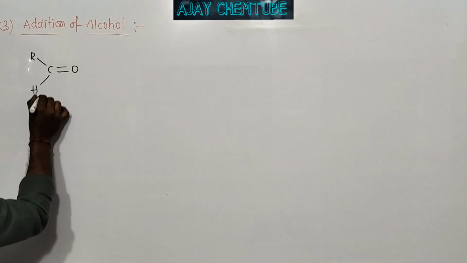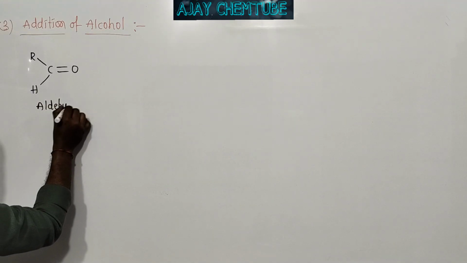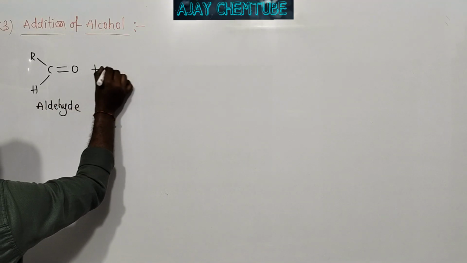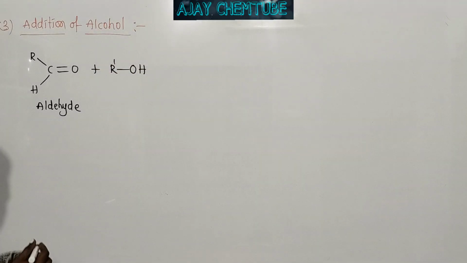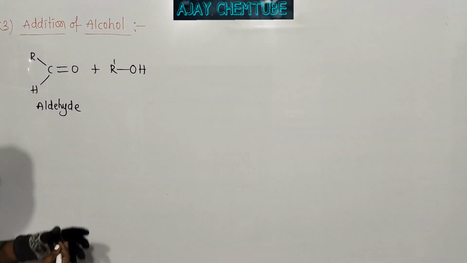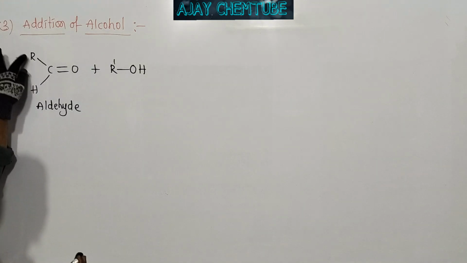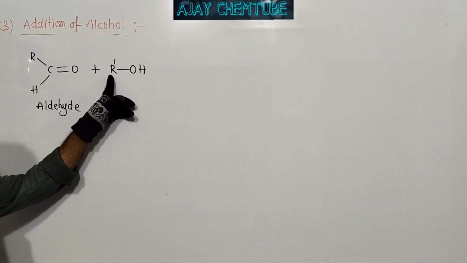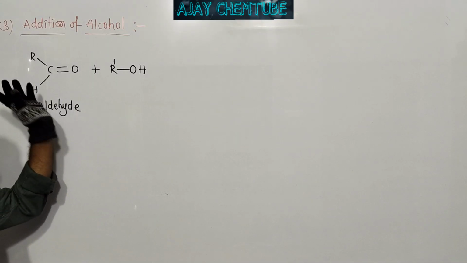This is the aldehyde, and it is treated with alcohol. To distinguish these two alkyl groups, one from the alcohol and one from the carbonyl compound, I labeled one as R prime. R prime is also an alkyl group, both are alkyl groups only.